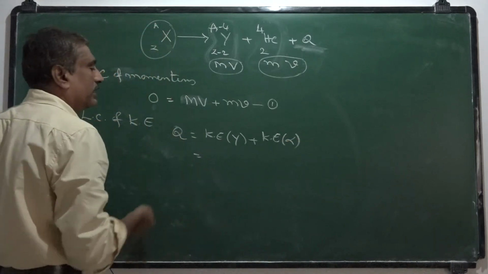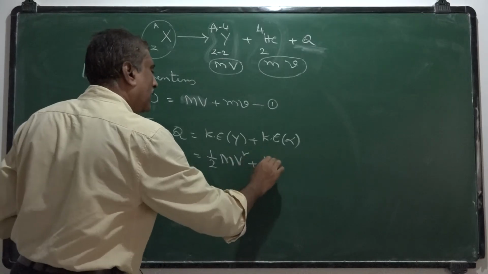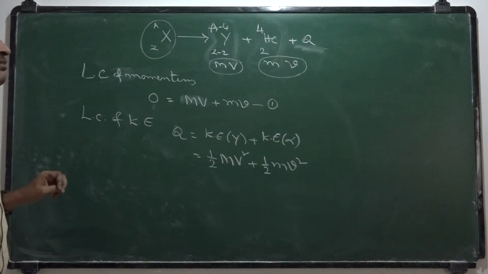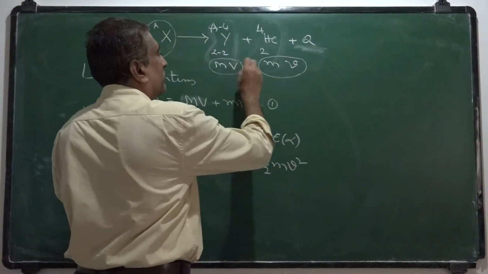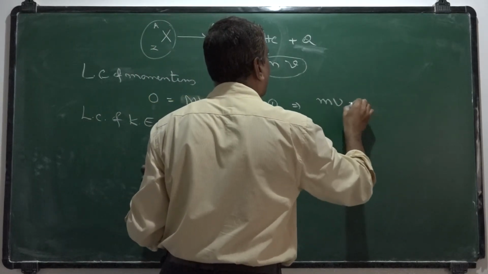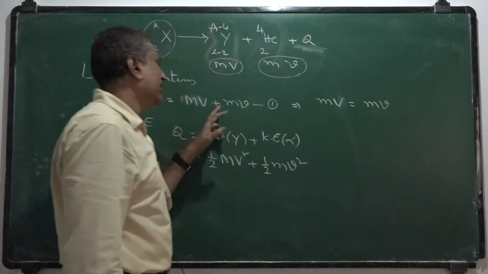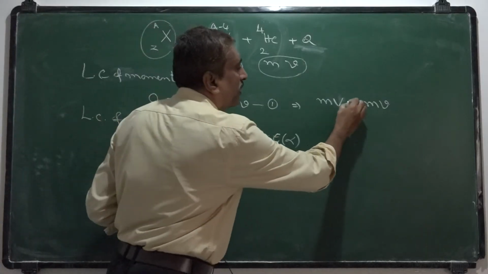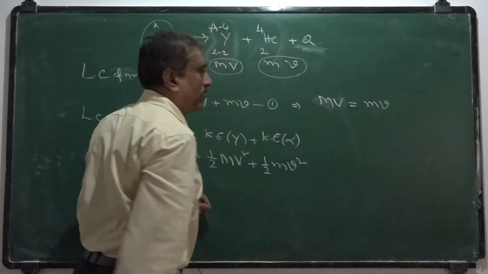That can be written as half MV square plus half small m small v square. Now from equation 1 we can write MV is equal to small m small v, neglecting the minus sign, since we are taking only magnitudes.